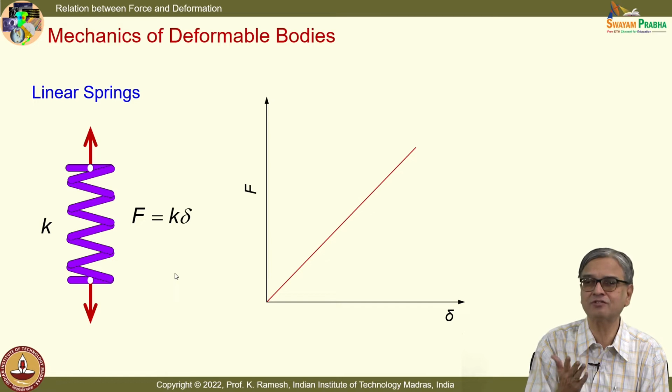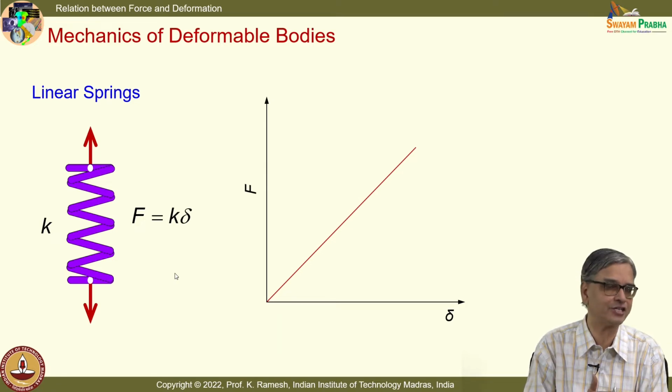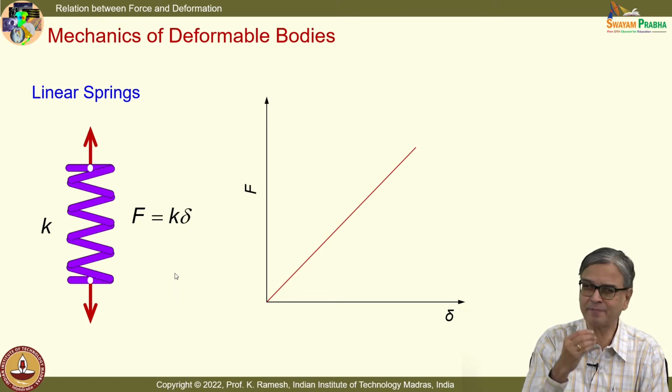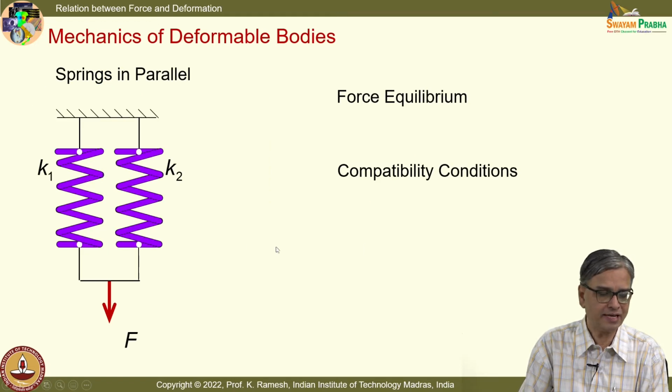So, if you know the stiffness of the spring, you understand the force displacement relationship. Or when you make the force displacement relationship, you can also find out the stiffness. When you make measurements of the displacement, you can also go back and calculate the stiffness. And you would have done this many times in your JEE preparation, I suppose.